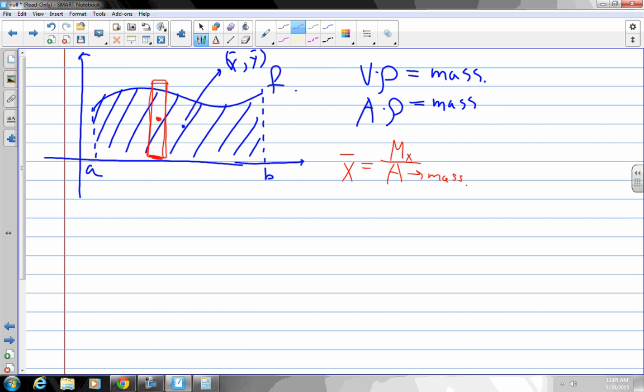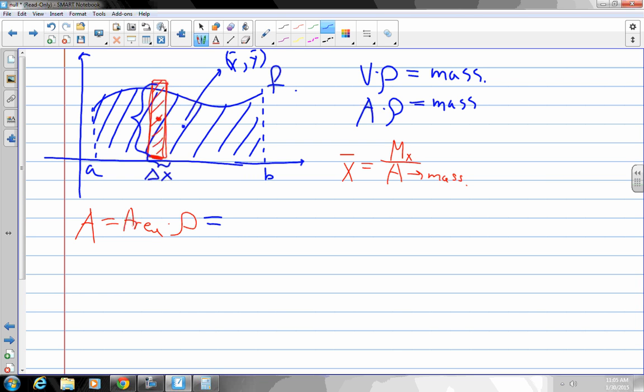So we agreed that the mass of this strip is going to be the area times rho, right? Now, what is the area of this thing going to be? The way we're chopping it up, it is delta x, right? And what is the height of that strip? f of x, right? Because I want to keep it all in terms of x.